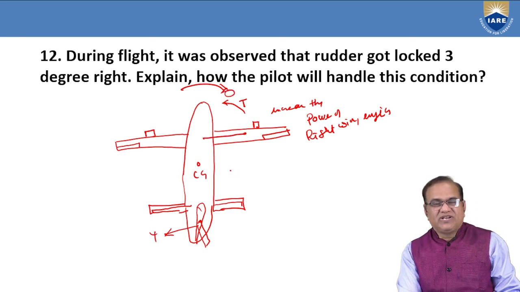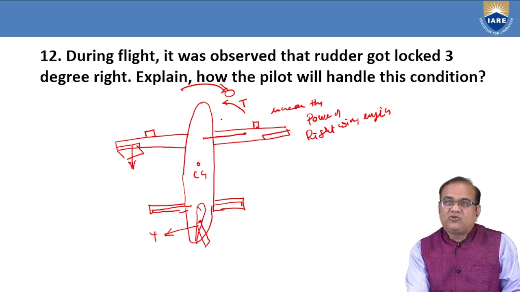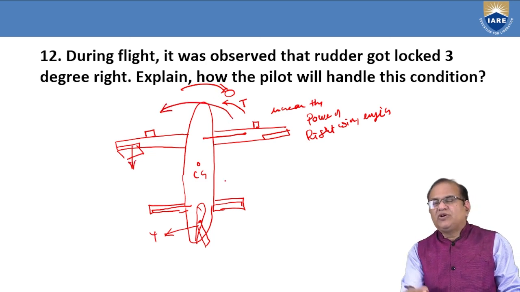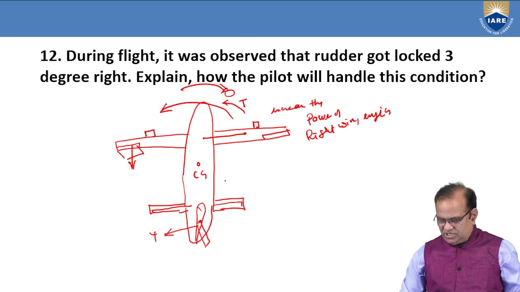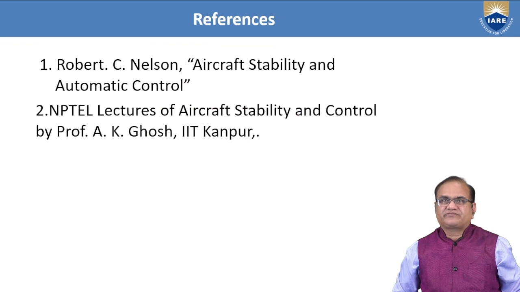So that is one option. The second issue we can also handle by changing the aileron. If we make this one down, here we have to increase more drag. This drag will try to pull the aircraft like this. So these are some combinations by which you can handle the situation.